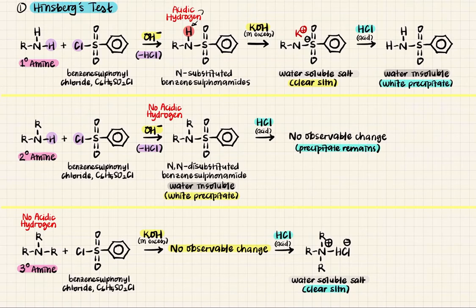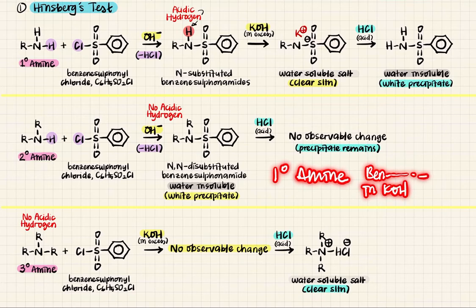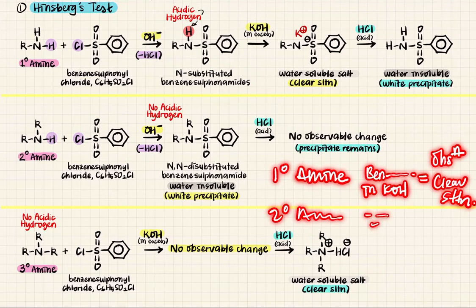So I suggest you make a table for primary amine. First test, which is benzene sulfonyl chloride in KOH, what observation do you get? Okay, clear solution, like that. And then secondary amine, and so on. You get this.